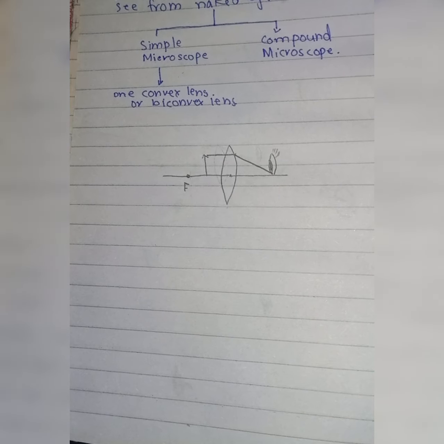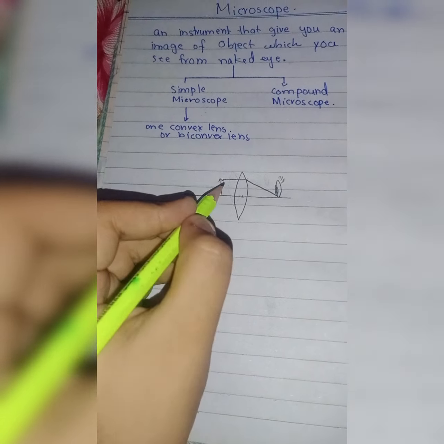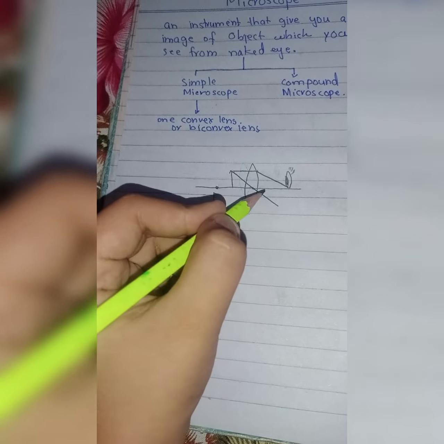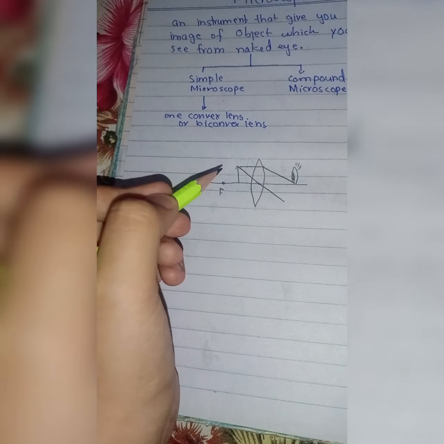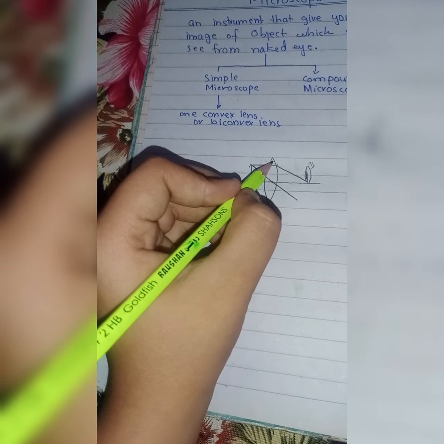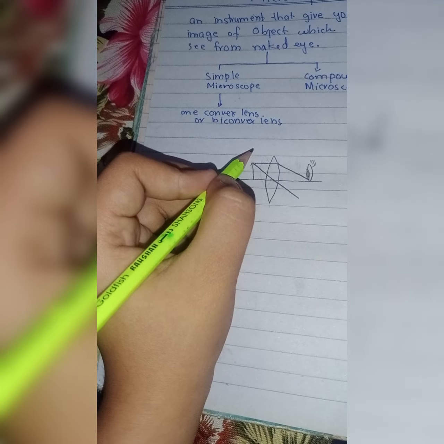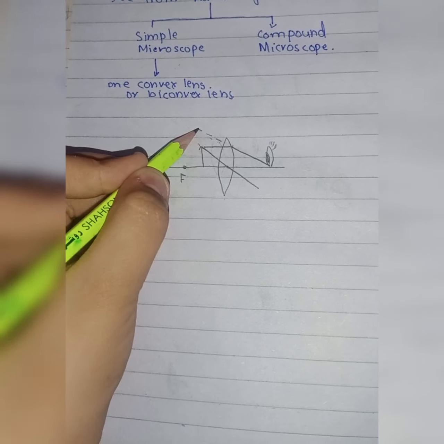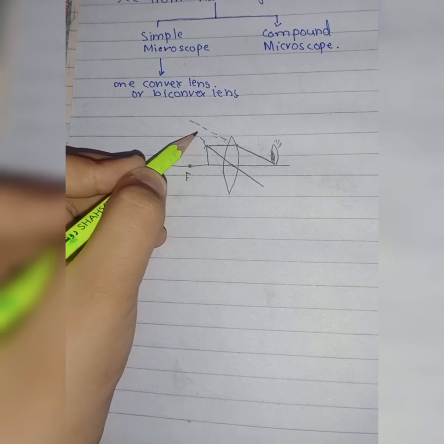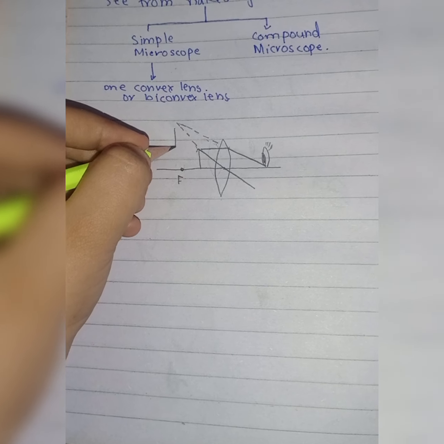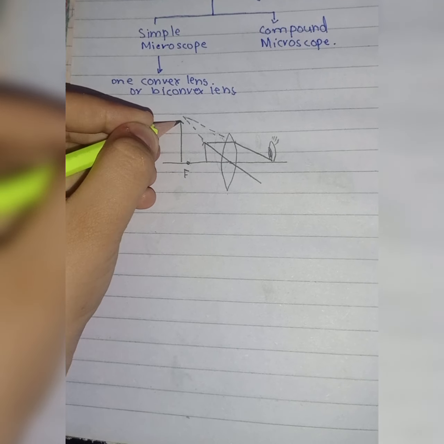We will see it from the eye, and from here the light from the object will pass over here. See, these both lines are parallel to each other, so we cannot see the image. So they must meet at some point. They will meet at this point. So now here we can see the object properly.